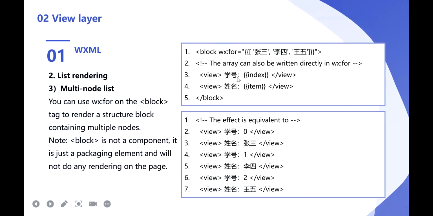This is student card number, name. But pay attention, block is not a component. It is just a packaging element and will not do any rendering on the page. Yeah, with this code, we can get this result.